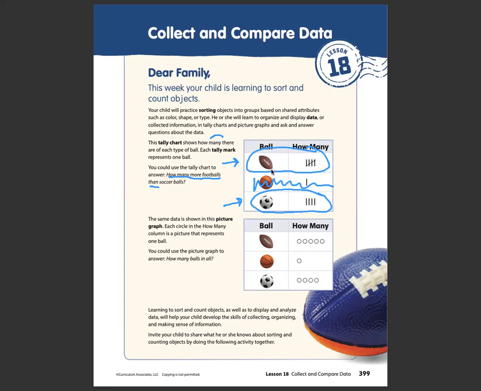So we can see that football has 1, 2, 3, 4, 5. So the football has 5. But the soccer ball has 4. And if it says how many more, I know I'm going to subtract. I have 2 pieces of information. I have 5 and I have 4.